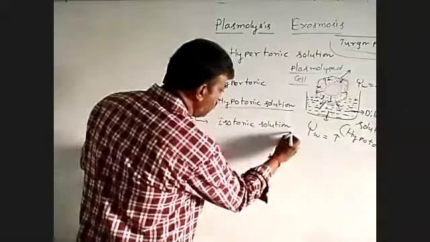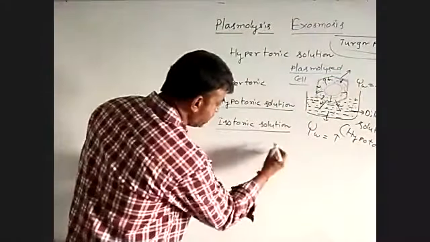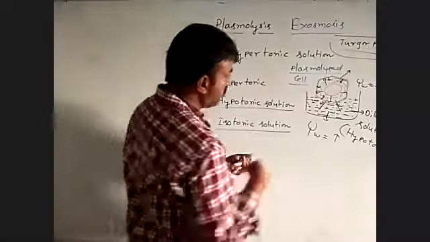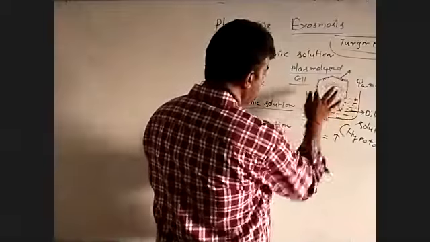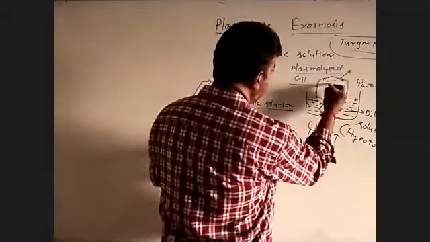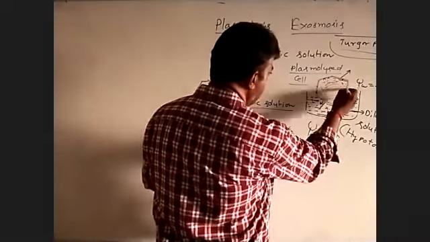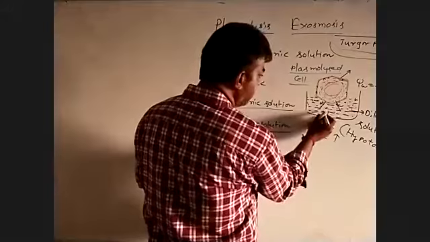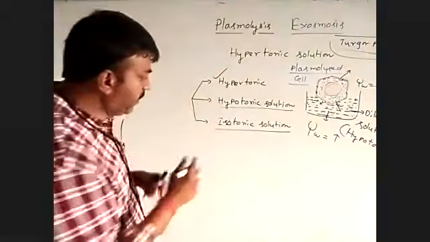Come to isotonic solution. Now come to isotonic solution. So this is the cell. Right. Now the concentration of the solutes in the protoplasm as well as in the external solution remains the same. Very, very important.